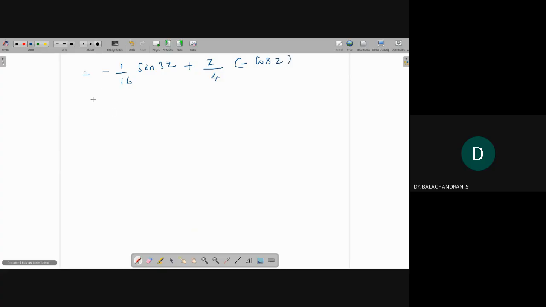So now convert in terms of x: minus 1 by 16 into sine 3 log x, minus log x by 4 into cos of log x.